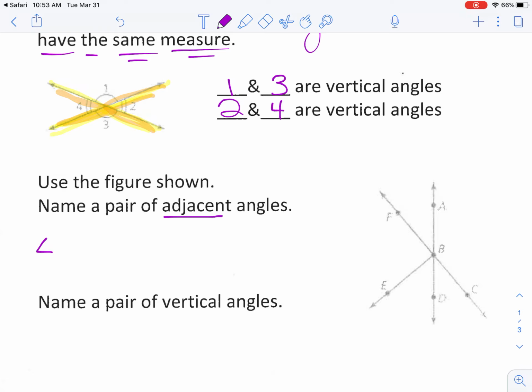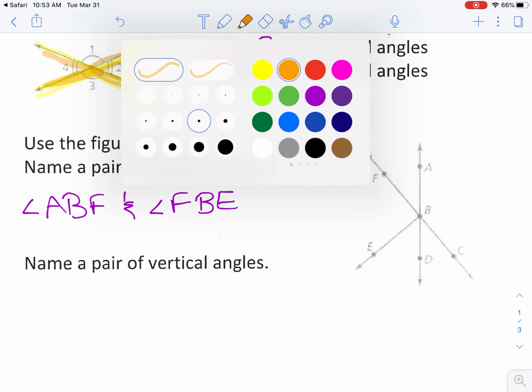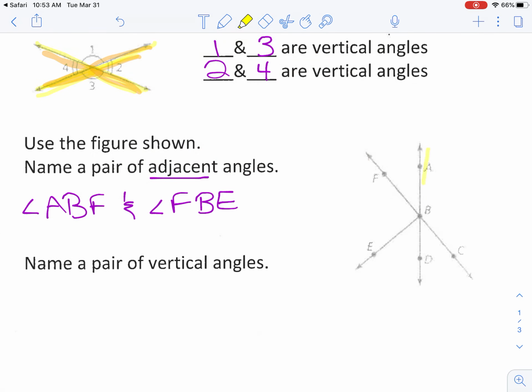We're going to use this little sign meaning angle. Angle ABF and angle FBE are adjacent. If I highlight them over here, ABF is adjacent to FBE. Those two share a common side.